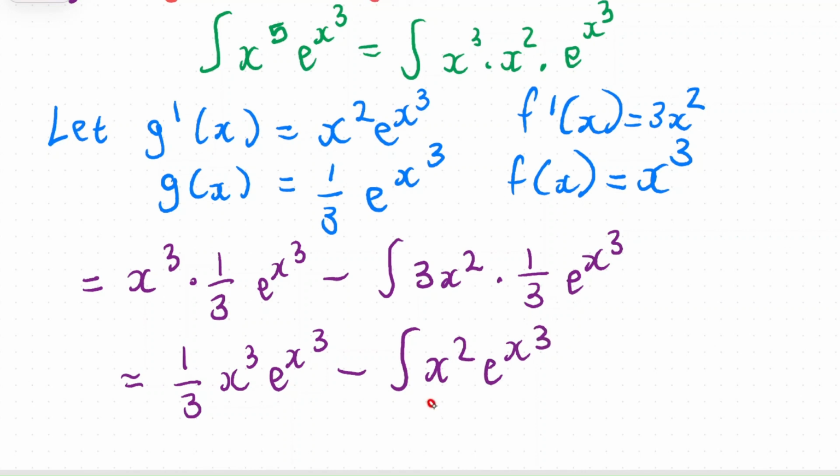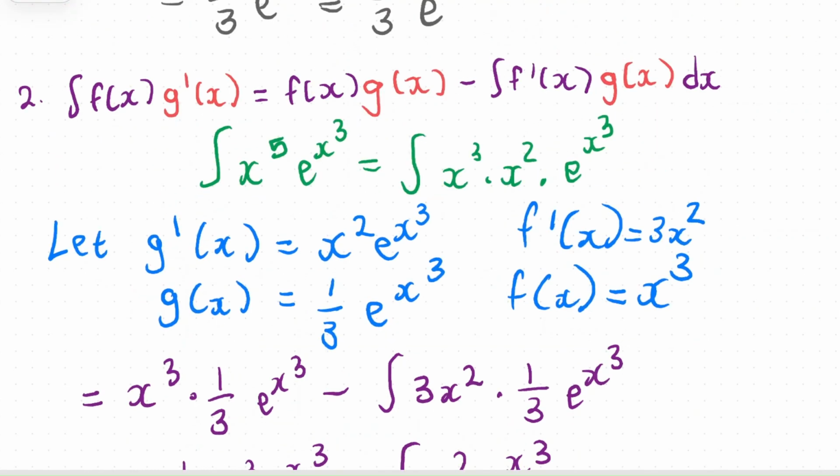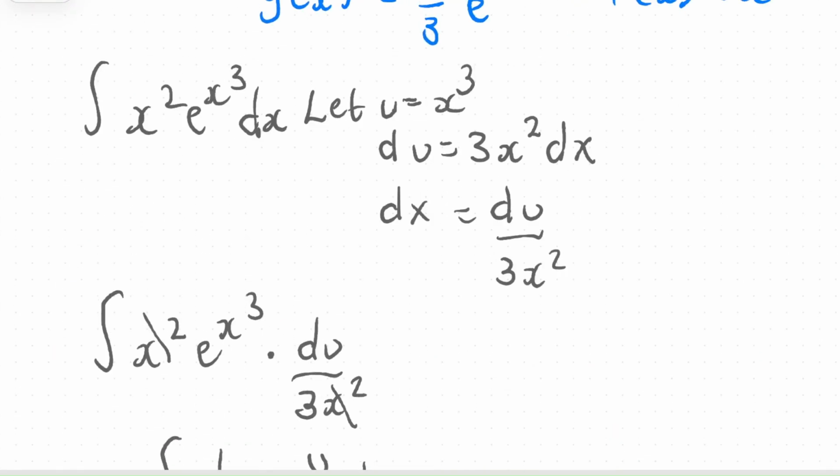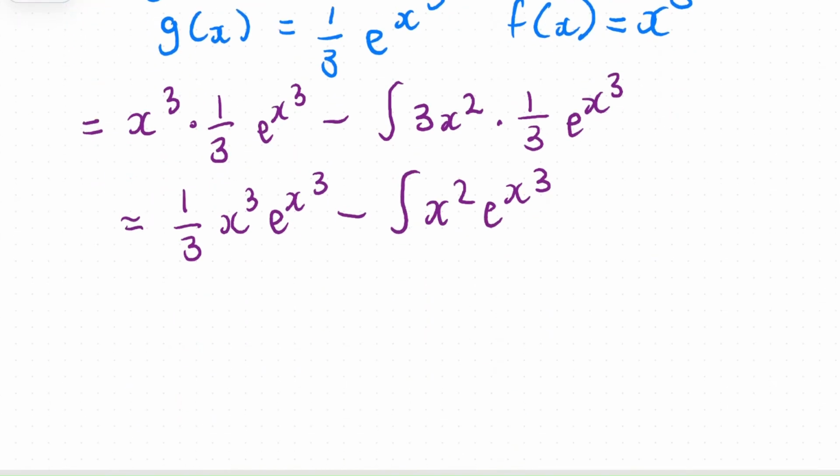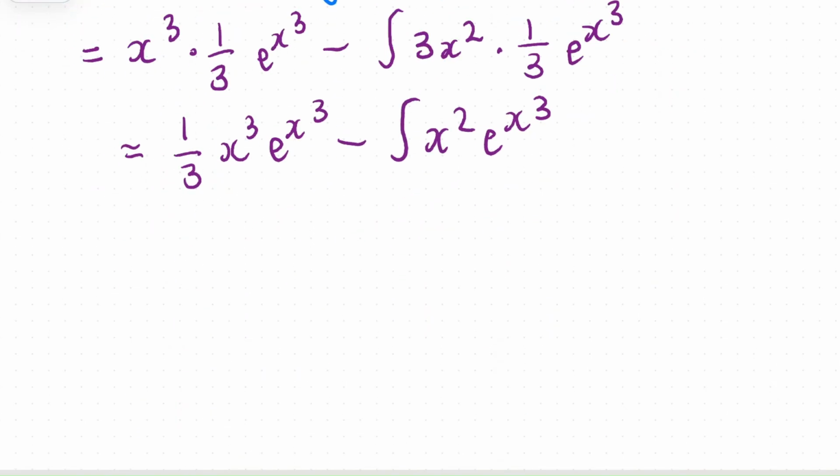Wow, this looks quite familiar. This is exactly what we just integrated, which gave us the answer of 1 over 3 e to the power of x cubed. So let's write that down.